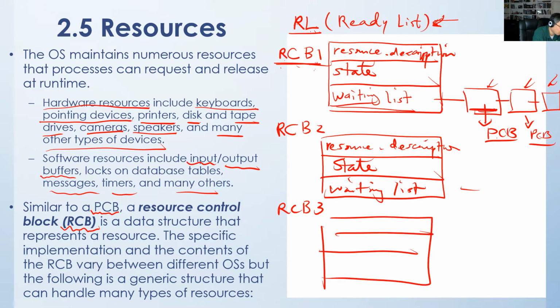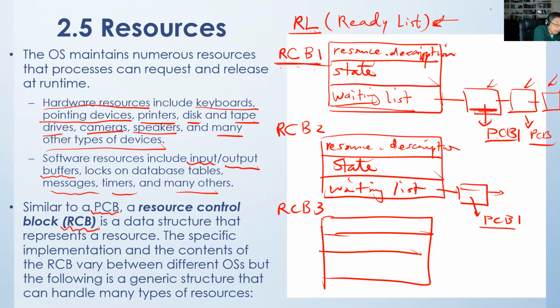Now, it's possible that a process may request more than one resource. Let's say a process P1 requests resource 1, and it's also possible for P1 to request resource 2. Now, say process 1 requests resource 3, and resource 3 is available.